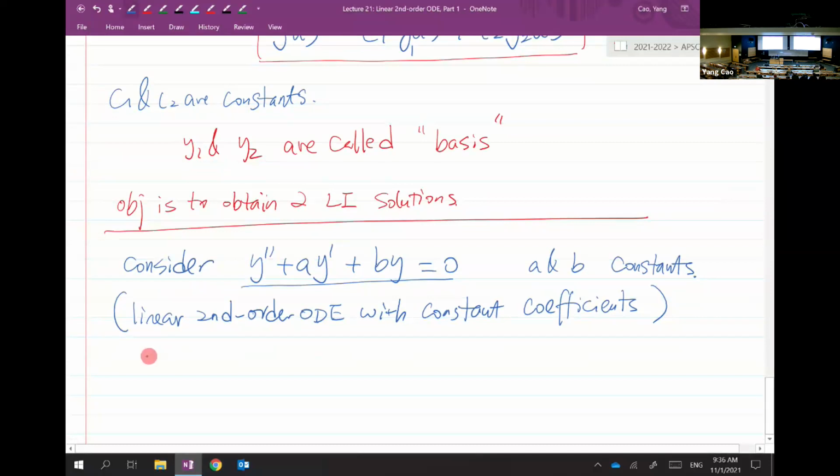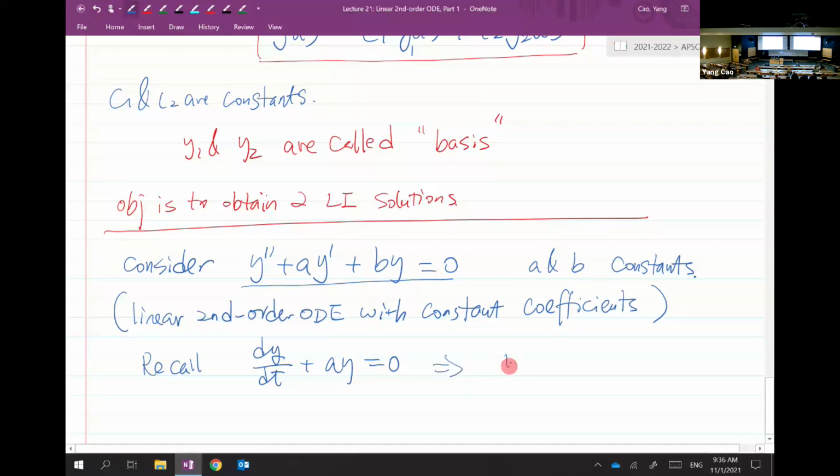Okay. Now, to jog your mind, let's recall the first order one. Here's a first order linear ODE, and it also has a constant coefficient, the A here. Okay. And you can solve this one quite easily, using separation of variables.